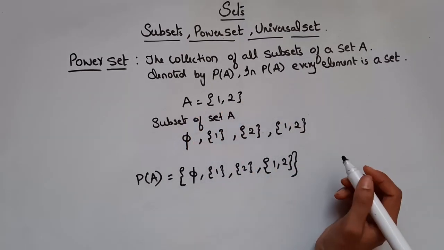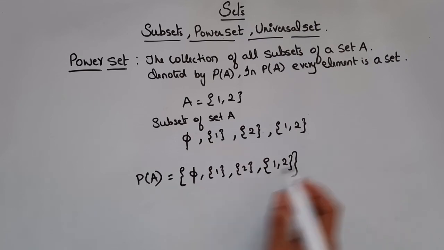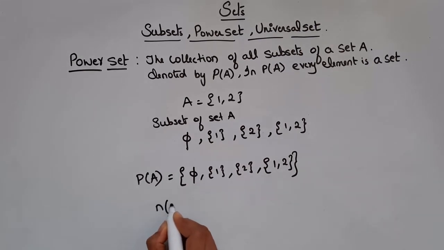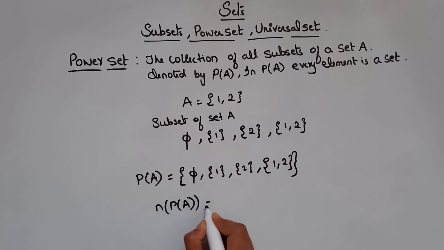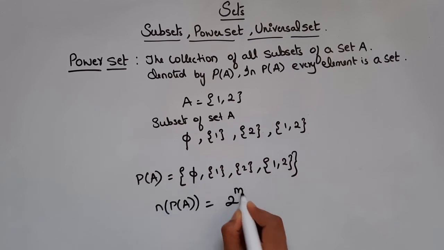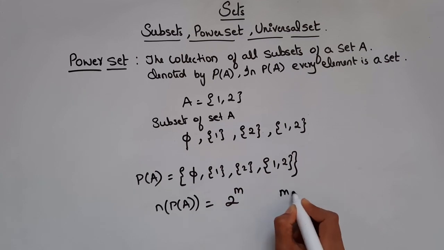What if in set A there were a large number of elements? Then finding subsets will be difficult, right? In that case, the number of subsets in the power set is given by the formula 2 power m, where m is the number of elements in the set.